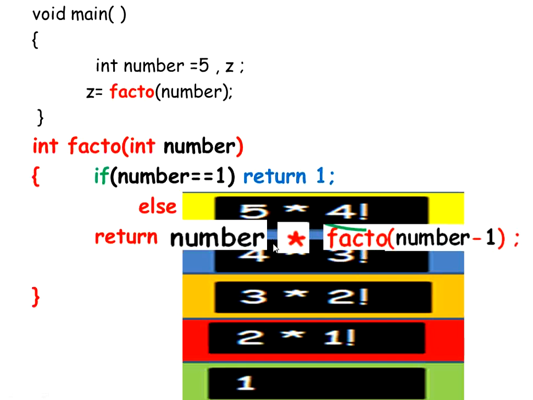This is when this goes into a chain of function calls, and once it stops, that is once it reaches facto of 1, this is going to return 1. Then the 1 will serve as an answer here, and then here, and then here, and then here, and then this will return 120. This 120, this which returns, is thrown to Z over here.